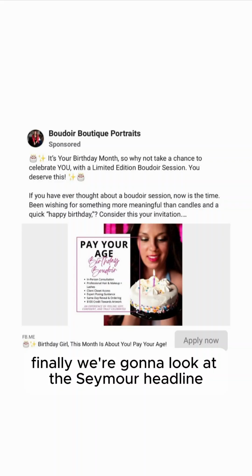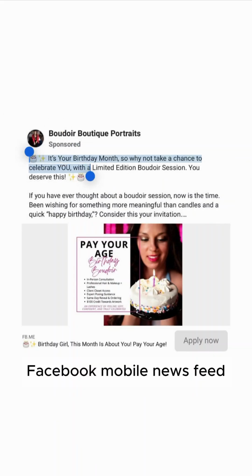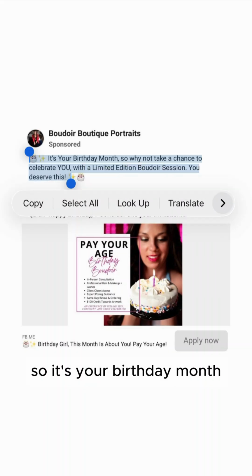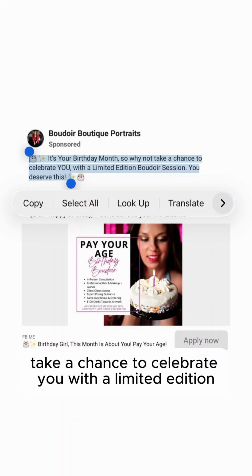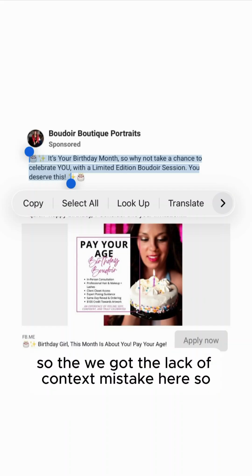Finally, we're going to look at the see more headline, first 2 3/4 lines, Facebook mobile news feed. So we're using 2 1/4 lines here. So it's your birthday month, so why not take a chance to celebrate you with a limited edition boudoir session? You deserve this. All right, so we got the lack of context mistake here.